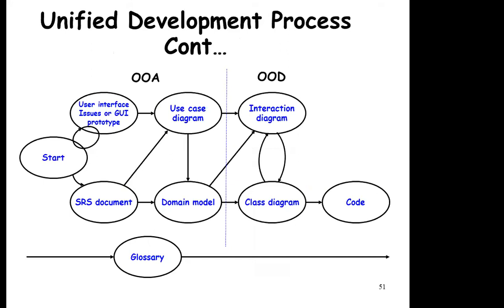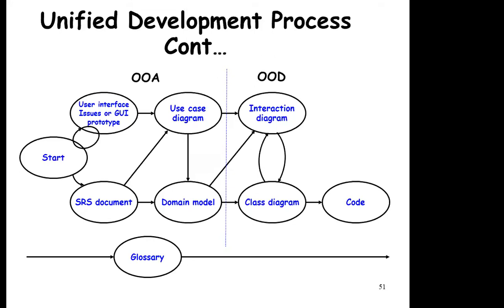The same structured analysis and structured design is carried out here also, but the pivot point is the object. So here the analysis and design are to be carried out with the orientation around the object.